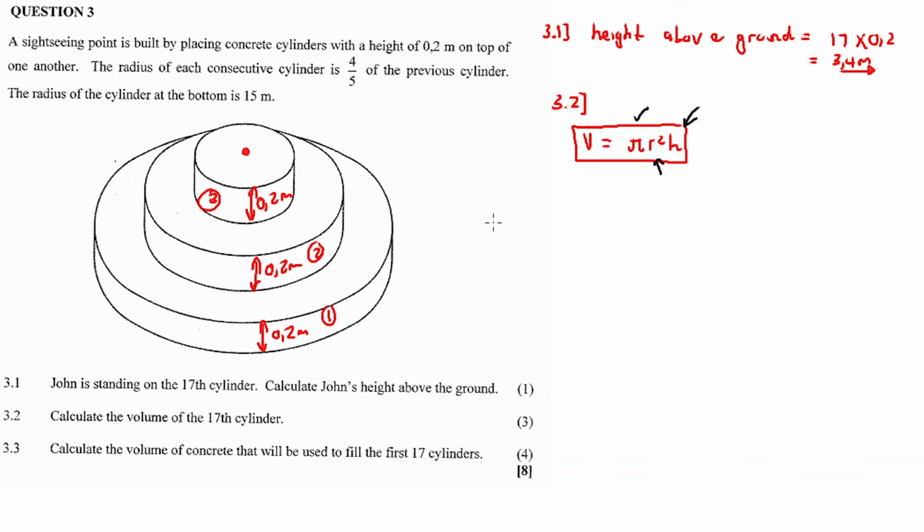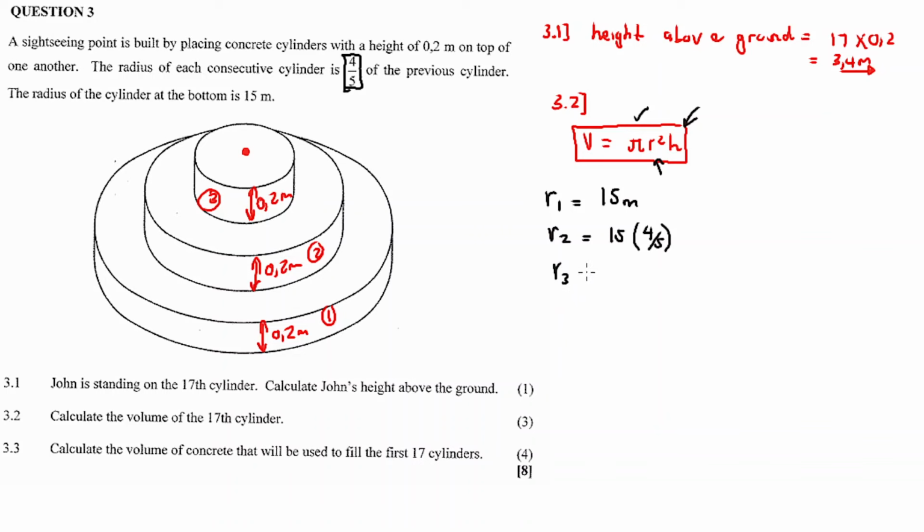Cylinder number 1 has a radius of 15. The radius for cylinder number 2 is 15 multiplied by 4/5, as per the instruction. That's the radius for the second cylinder.